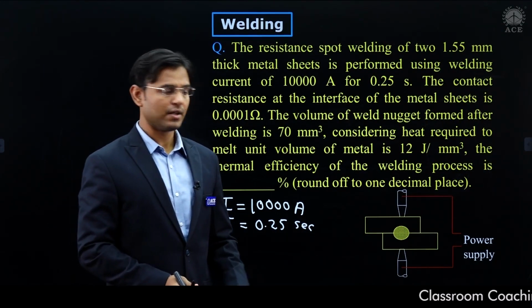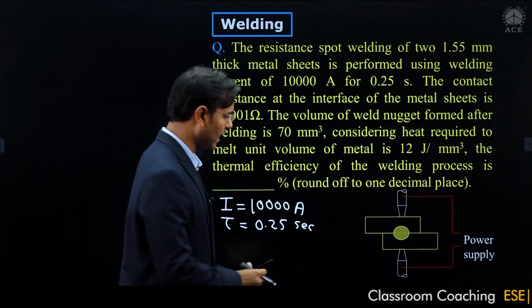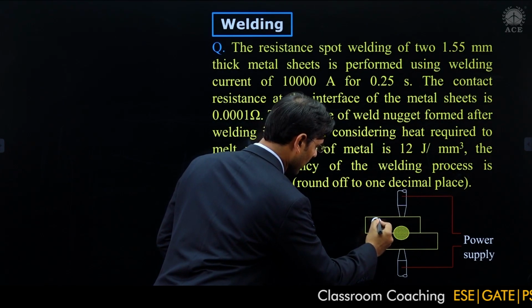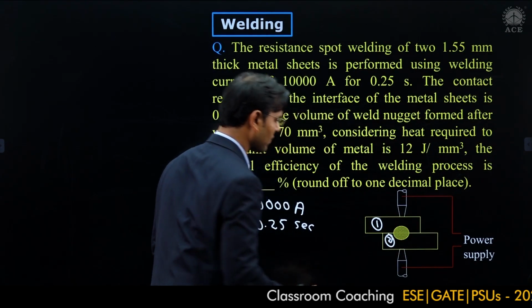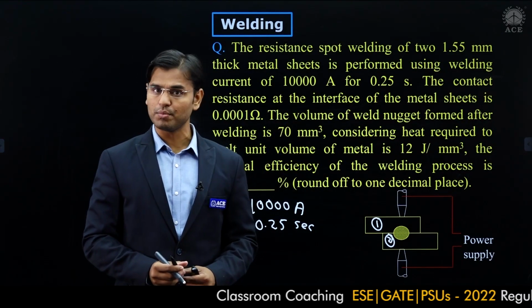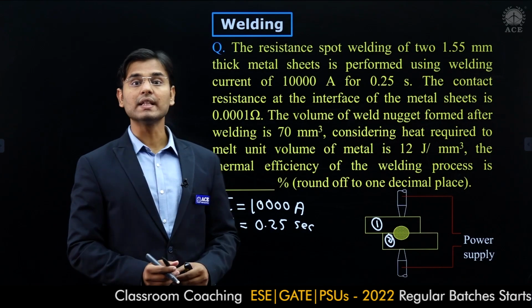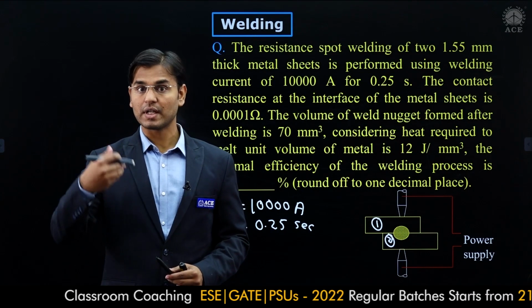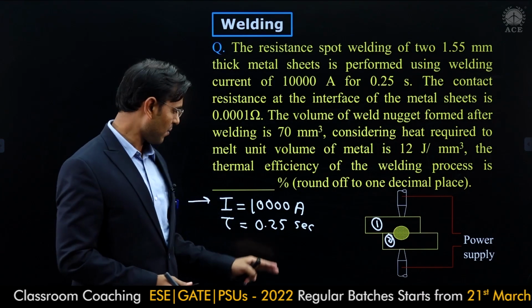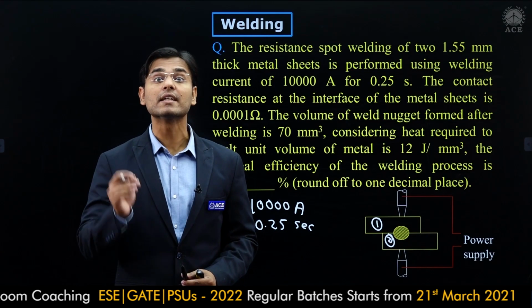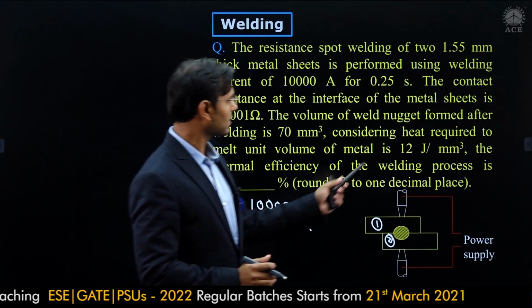It means that we have to join these two plates. I am writing here the plate 1 and plate 2, whose thickness is 1.5 millimeter, and we are giving the current of 10,000 ampere, and we are supplying that current for a time of 0.25 second only, right? See the next sentence.